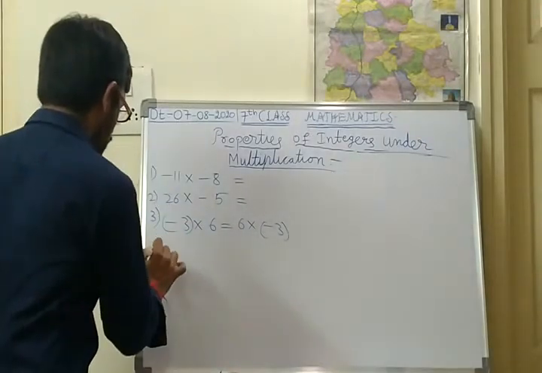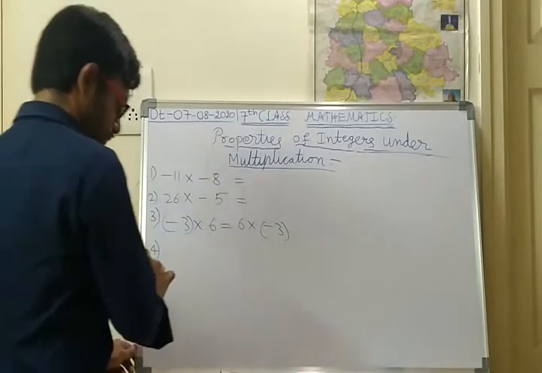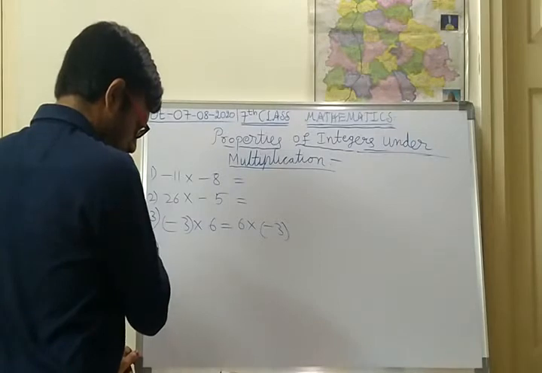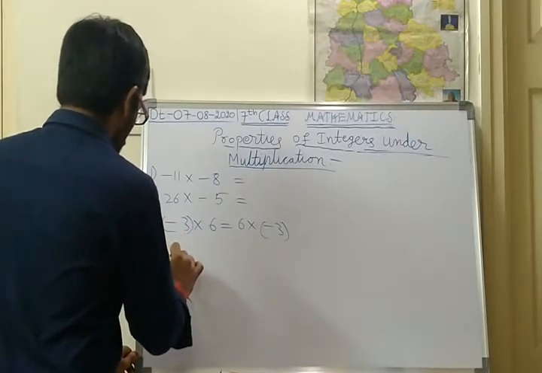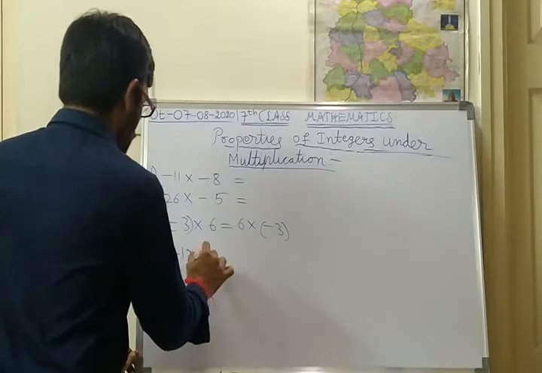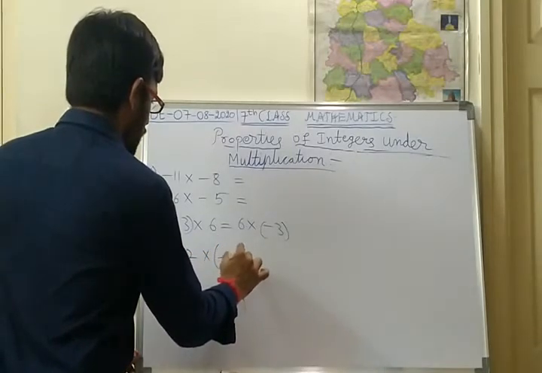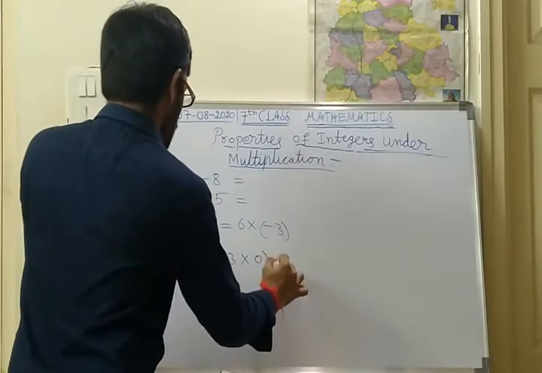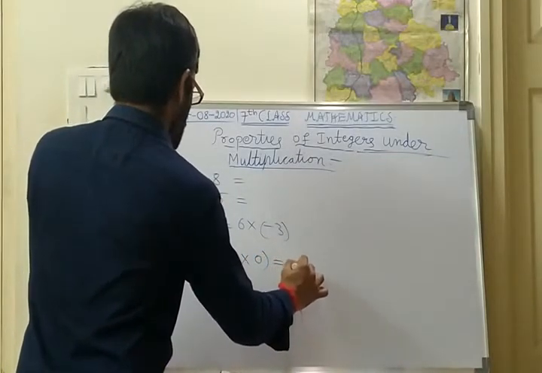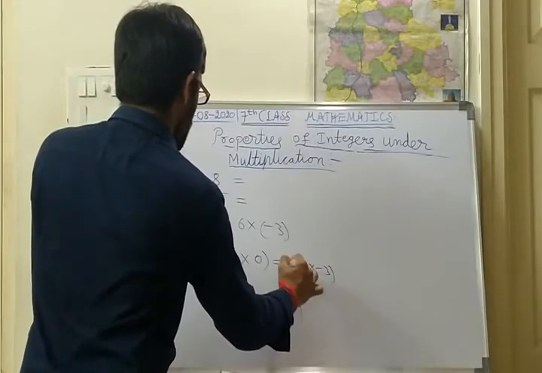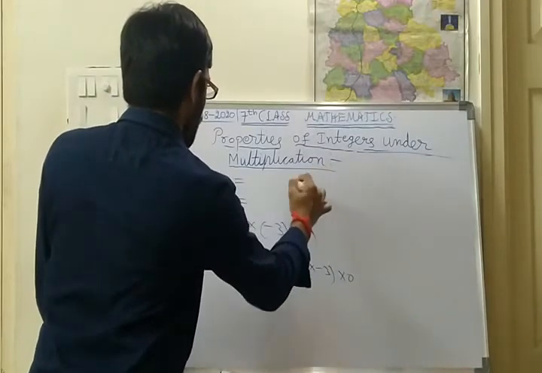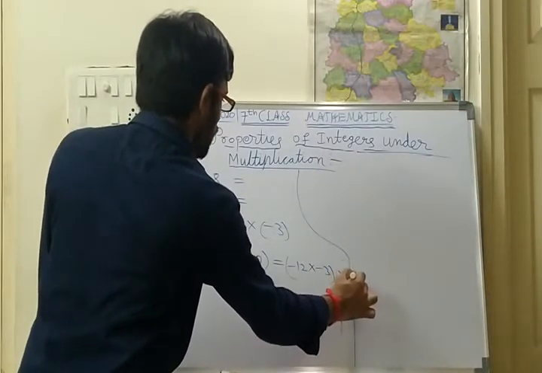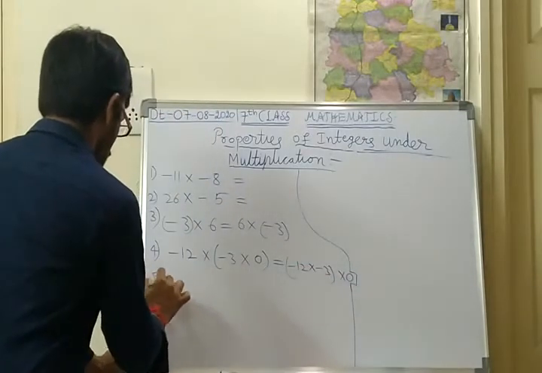Next, fourth one: minus 12 into minus 3 into 0 is equal to minus 12 into minus 3 into 0.